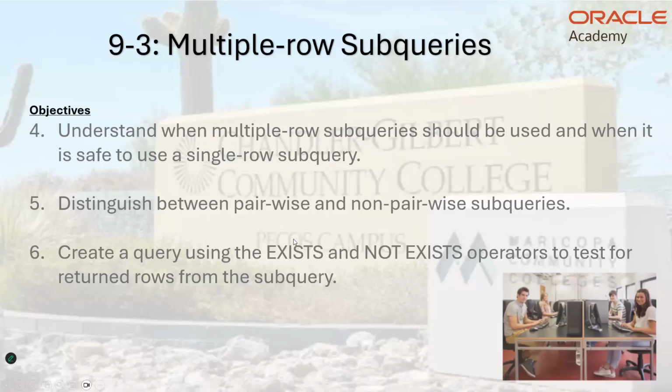We'll also see pairwise and non-pairwise, and I'll expand the definition of those. Basically, it's another way to offer some levels of confusion, but we'll talk about pairwise and non-pairwise, and then EXISTS and NOT EXISTS. Just another way to test that inner query.